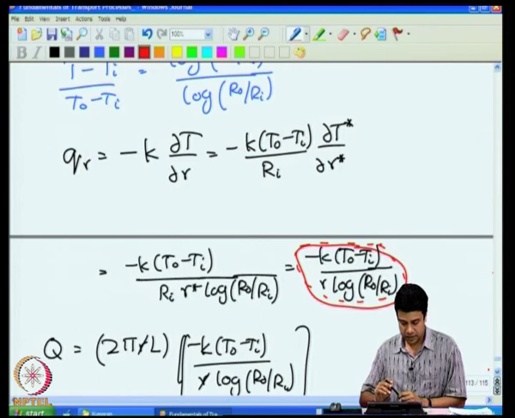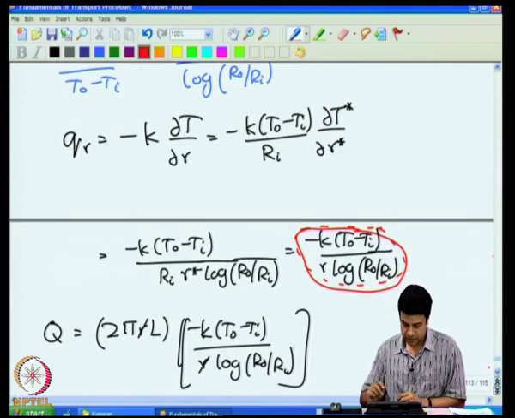The heat flux had an expression of the form k into T_o minus T_i by r star times log of R_o by R_i.